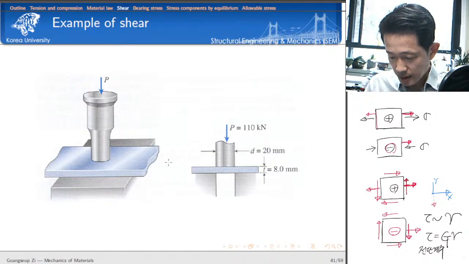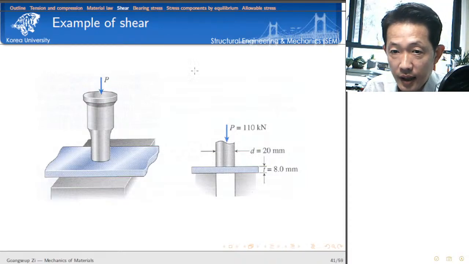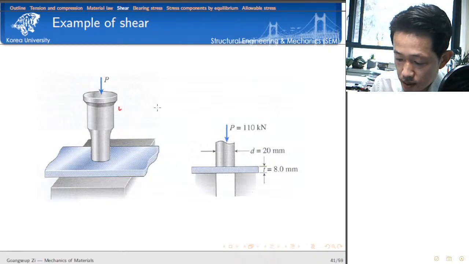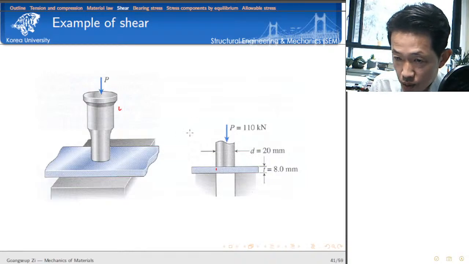Let's do an example for the calculation of shear stress. Okay, look. So I have a puncher here. I'd like to make a hole using this puncher. So let's try to calculate the shear stress. First we have to identify what the shear area is, right? We need to consider the thickness.